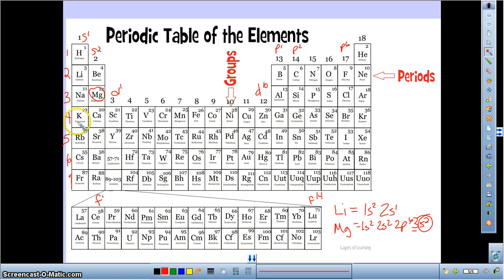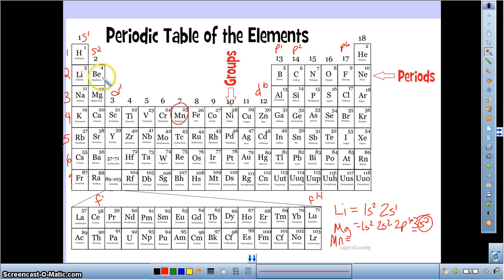Let's try another one. Let's try manganese. So we want to go all the way to manganese here. Let me go ahead and erase magnesium so we don't get them confused. So what we're doing is we have to just start at the top and account for where all the electrons are all the way up to Mn, which is 25. So 1s1, 1s2.